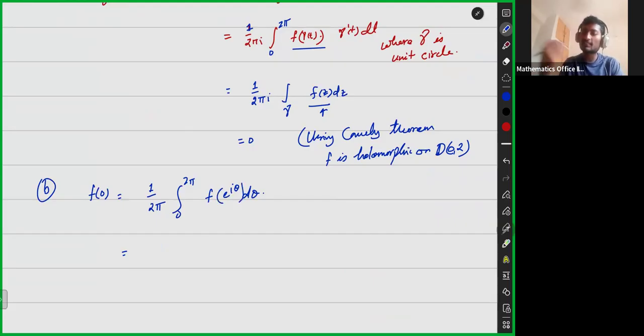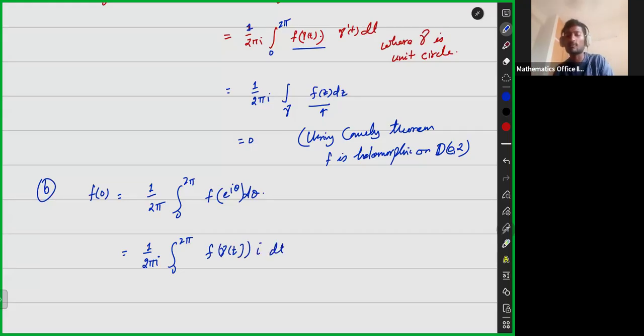Say again, this is the unit circle gamma. Multiply and divide by i, so this becomes 1 upon 2 pi i, integral 0 to 2 pi, f of gamma t times i dt. I'm replacing theta by t, so no worries about that.